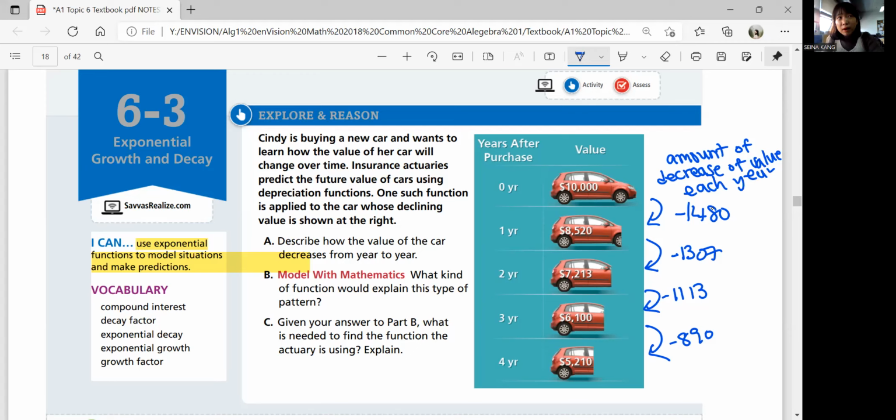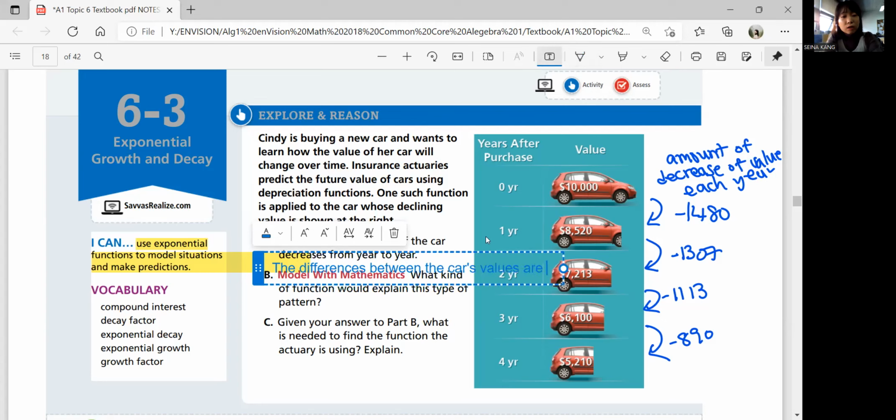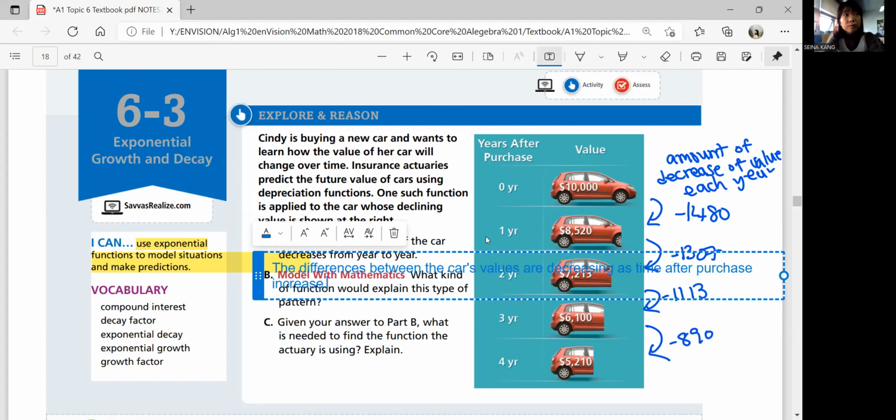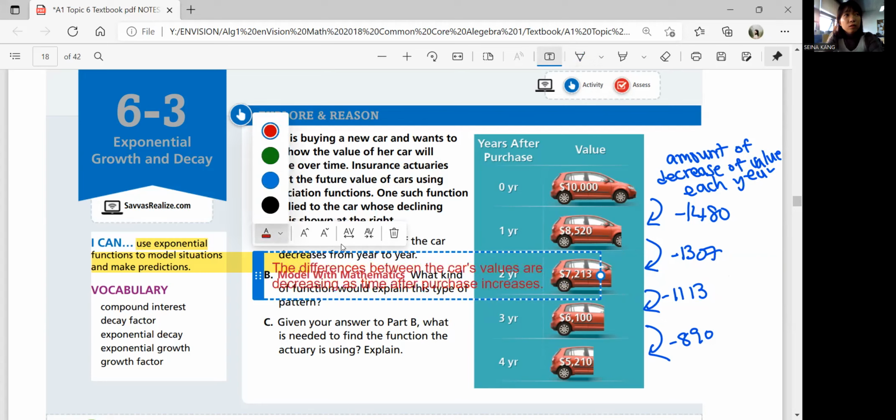They're dropping, right? So you can also say, part A, the differences between the car's values are decreasing as time after purchase increases.